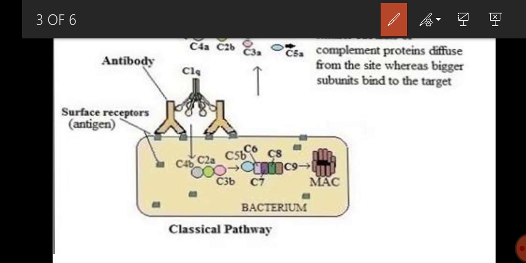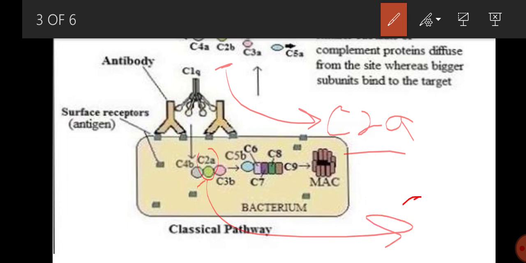With C4B, there is a mistake, a solid mistake. This one is C2A, not C2B, and this one is C2B, not C2A. This is a mistake in the diagram.